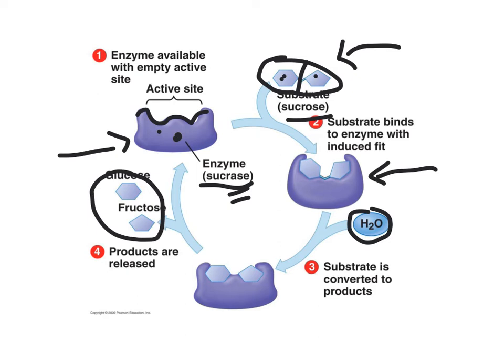Now my enzyme bends in such a way that it makes the sucrose break really easily. In other words, it's lowering the activation energy, making it easier for it to break. So when water comes in, the molecule breaks really easily, and then I get my two products. And again, this reaction would have happened much more slowly. Maybe it would have even taken years or hundreds of years for the reaction to happen without the enzyme.